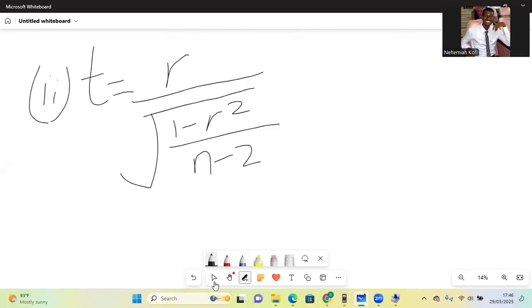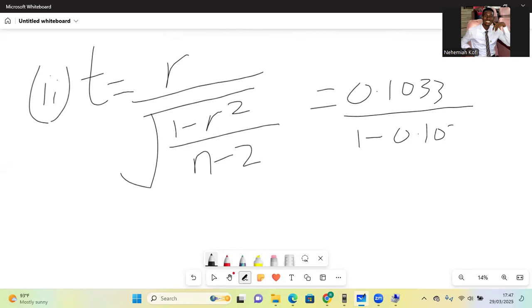So we put the same thing in here: 0.1033 all over 1 minus 0.1033 squared all over N minus 2, which I think we had 10.